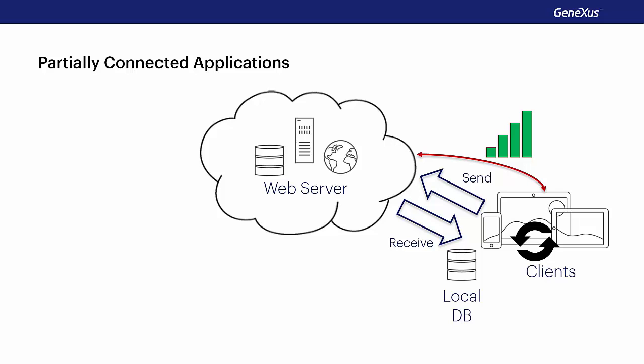However, some tasks will require accessing the web server, whether due to their sensitivity or due to the frequency with which the data has changed. These tasks must be executed online. Therefore, we can select which objects of the application can be executed offline and which cannot. Applications of this type will be called partially connected or standalone applications.